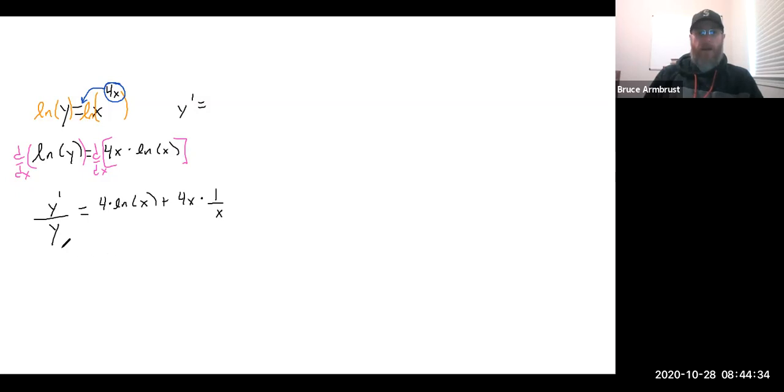All right, so now all that's left is to get y prime by itself. So I'm going to multiply both sides here by y. So I'm going to get 4 natural log of x plus 4, and all of that's going to be times y. But having y here is not preferred, but luckily we know what y is equal to, x to the 4x. So we can go ahead and substitute that in.